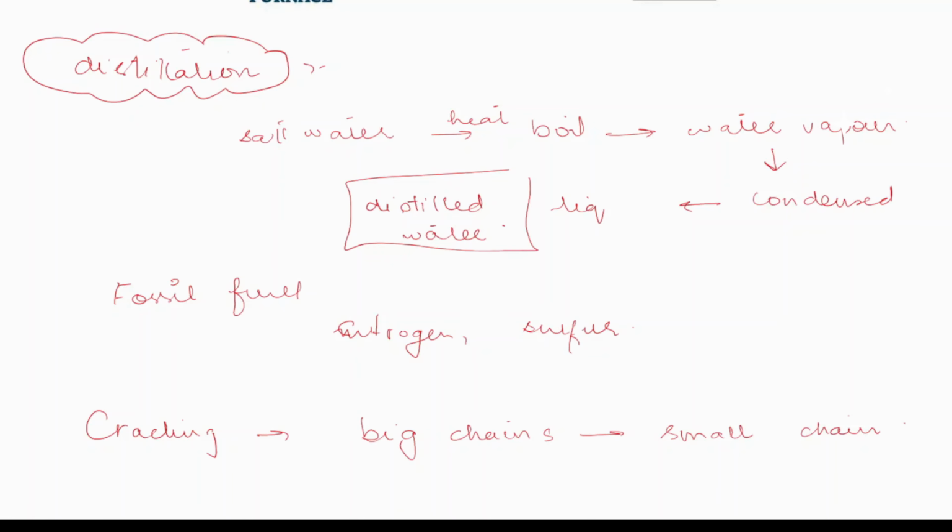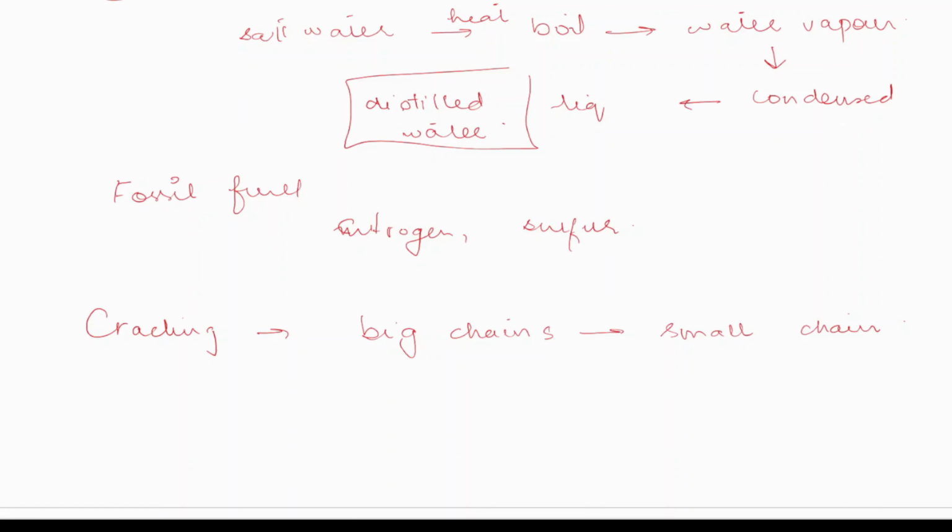Let me find one question according to the octane one, and then we'll do the cracking part as well. Okay, I found a question. So cracking is the conversion of bigger chains into smaller chains.